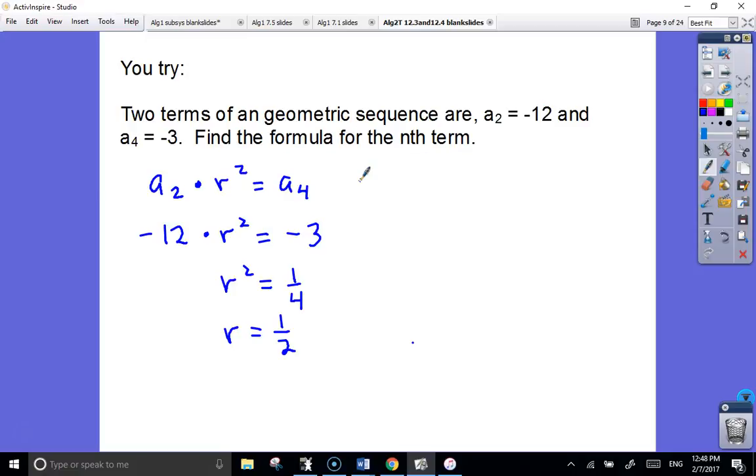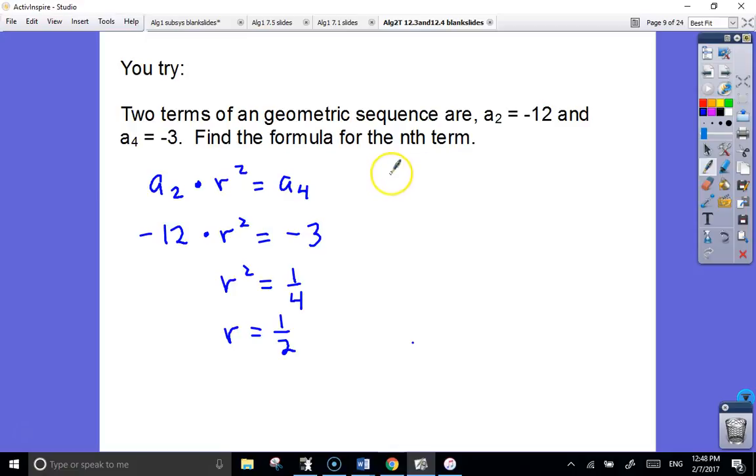So how can I find the first term if what I know so far is the r and A2? I mean, if you multiply each term by 1/2 to get the next term, then how would you find the term before it? Multiply by 2, right? It's multiplied by 2.